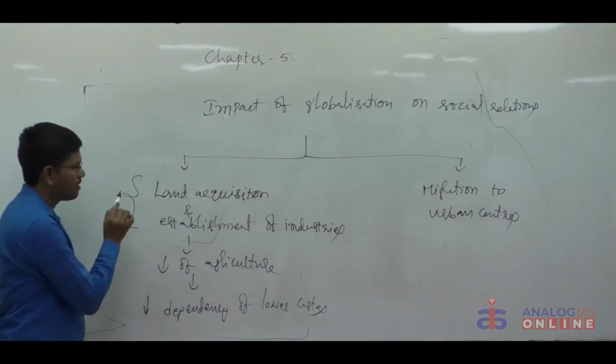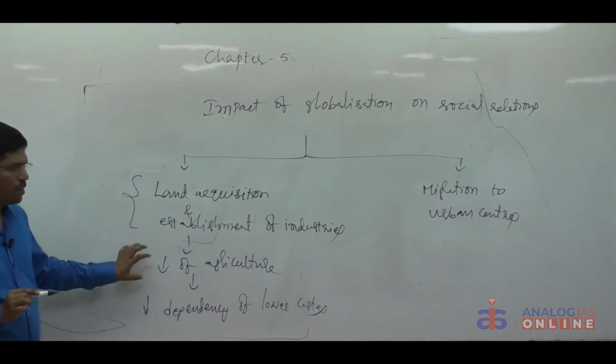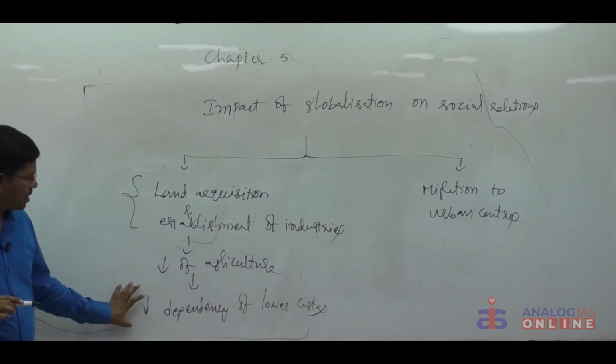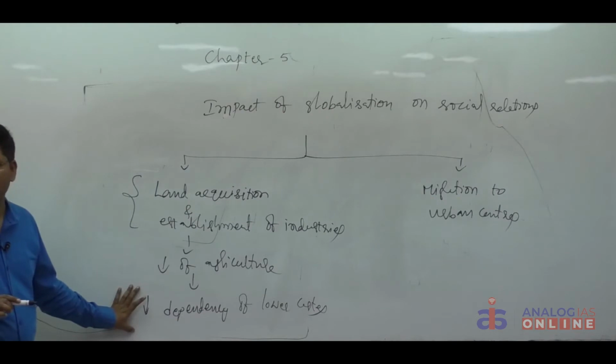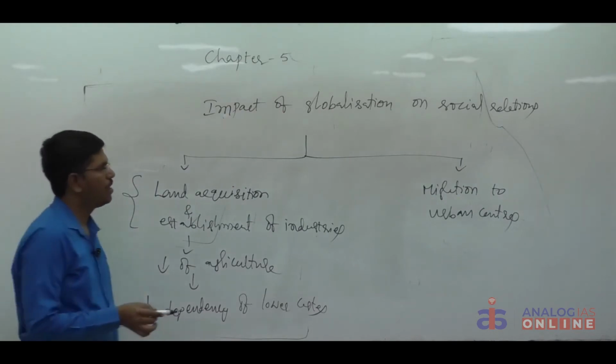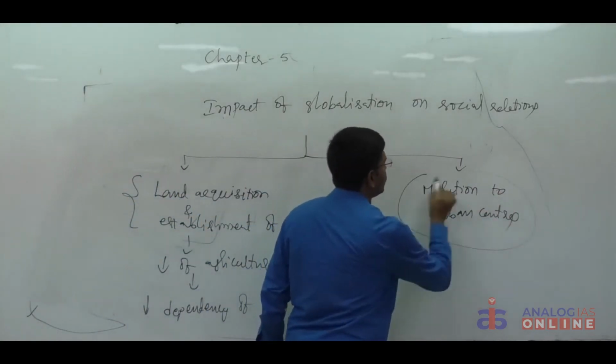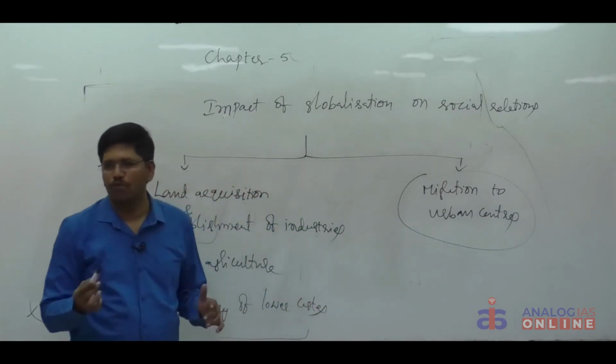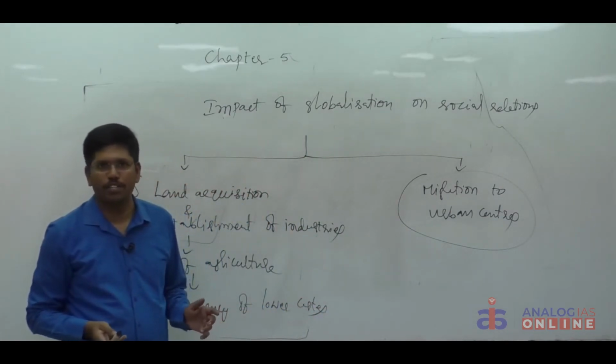Ultimately, because of land acquisition and establishment of industries, there was a decline of agriculture. Because of the decline of agriculture, the dependence of the lower caste on the upper caste decreased. And because of the migration to urban centers, people were exposed to the modern forces of urbanization and industrialization.